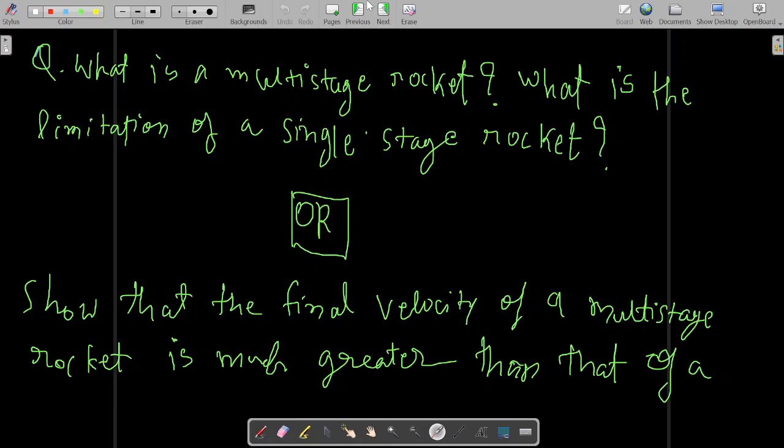Suppose you have 3 or 4 parts of the rocket, okay. So one part is discarded, then second part is discarded, then third part is discarded, then fourth part remains, like that, okay. So multi-stage rocket is not one piece rocket. It is made up of comprising parts, okay.